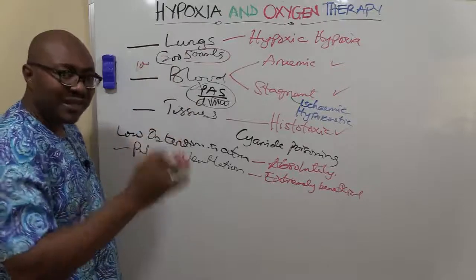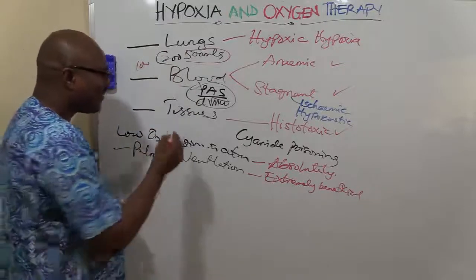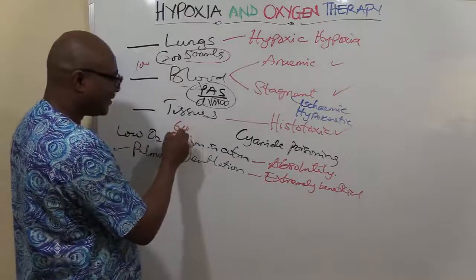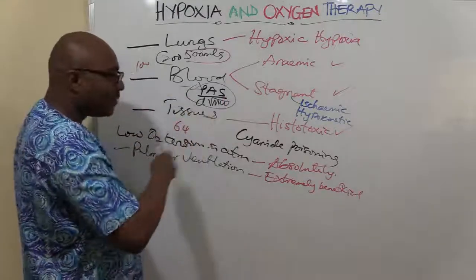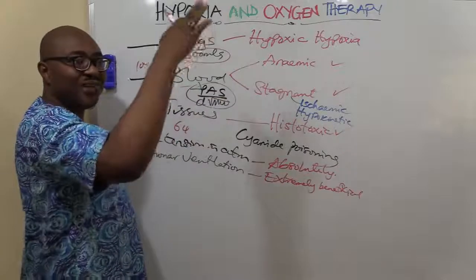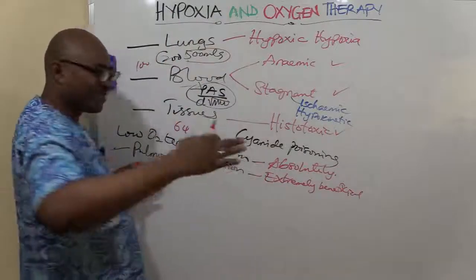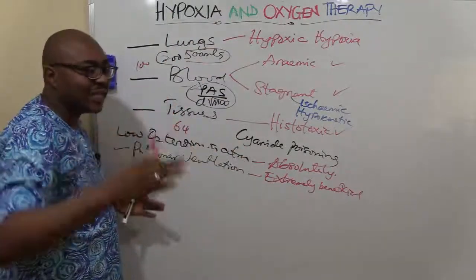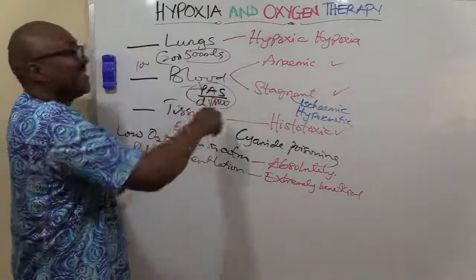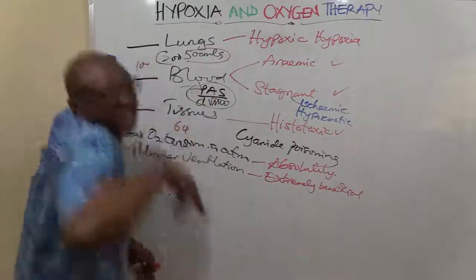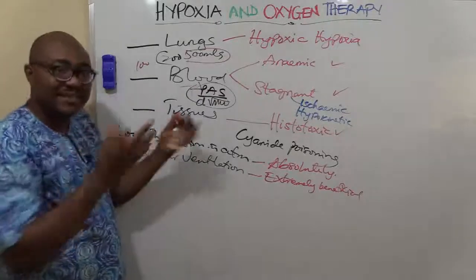Normally the pressure gradient is 64: 40 on this side, then 104 on this side, 64. But now the partial pressure is very high, so you have a very large gradient. It helps to cover for those deficiencies. So it increases the diffusion capacity that has been reduced by diseases.